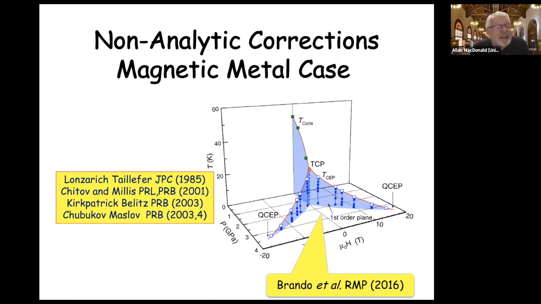So it turns out that even in ordinary metals, if you tune the parameters so that you go from a non-magnetic state to a ferromagnetic state, that's of course very hard to do in real materials, because it depends whether or not you have magnetism.